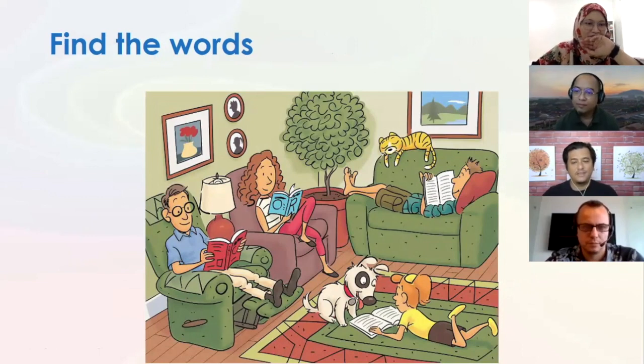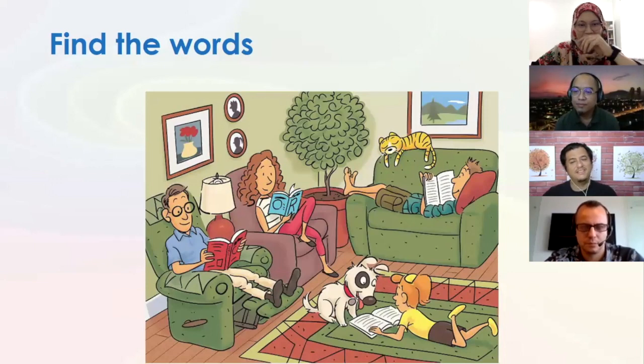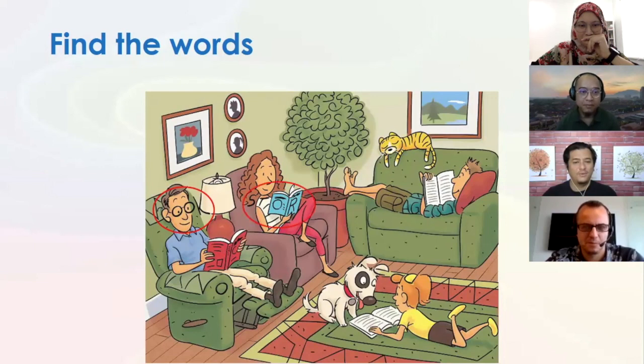You have 15 seconds. 10, 9, 8, 7, 6, 5, 4, 3, 2, 1. Well done. Okay, let's see what we have here. We have book, we have story, we have words, page, novel, and nobody got read, I think.